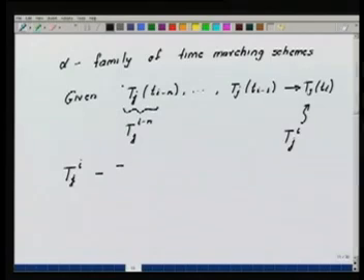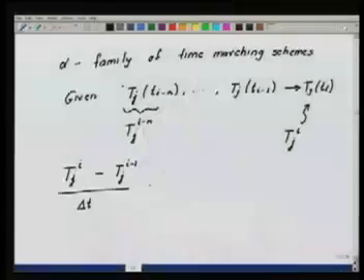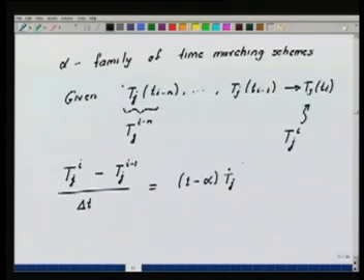T_j I minus T_j I minus 1 divided by delta t, if we are using uniform time steps; if not, we use the variable time step, is equal to 1 minus alpha into T_j dot at station I minus 1, plus alpha T_j dot at station I.